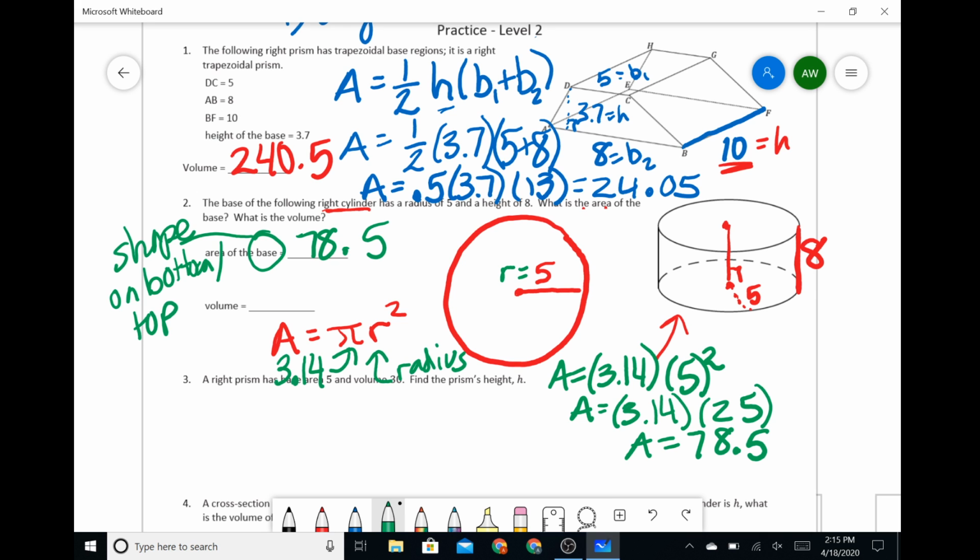I take the area of my base and I multiply it by the height of my shape. So here's my height. My height is 8. So to get the volume, I take the area and I multiply by the height. So the area is 78.5. I multiply by 8. And I get 628.